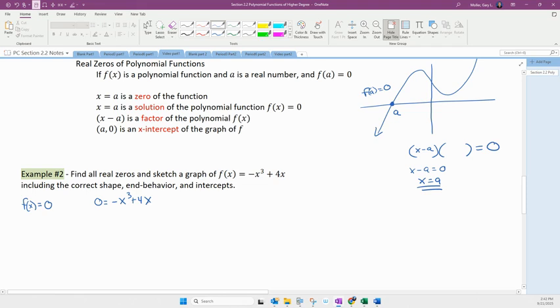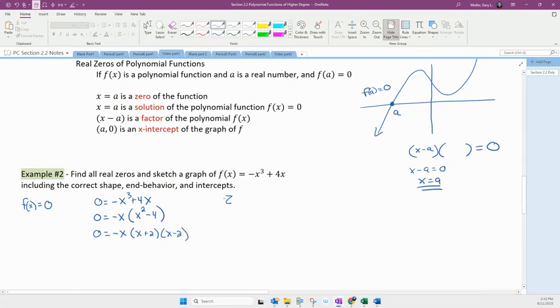I'm going to factor out a negative x, because I don't really like having my first term negative. That gives me negative x times x squared minus 4. And I know that factors further into x plus 2 and x minus 2.